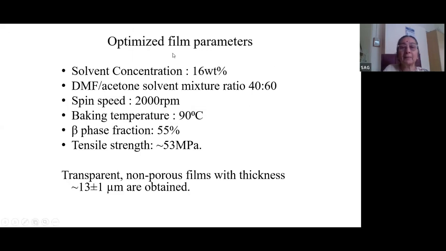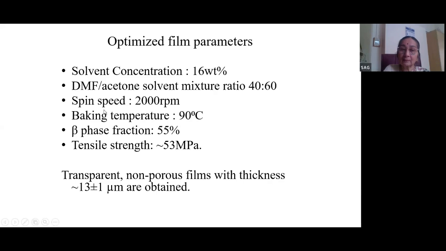The optimized preparation parameters were a solvent concentration of 16 weight%, a DMF acetone solvent mixture ratio of 40-60, spin speed of 2000 RPM, and baking temperature of 90 degrees, giving a beta phase fraction of 55% and tensile strength of 53 MPa.